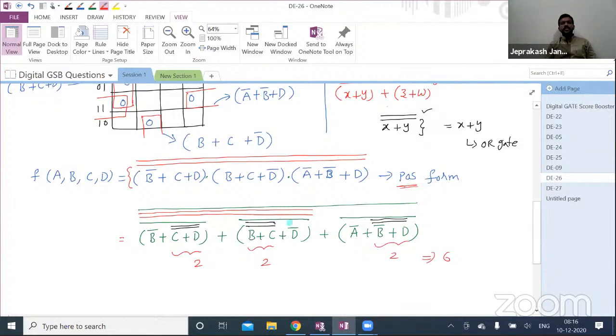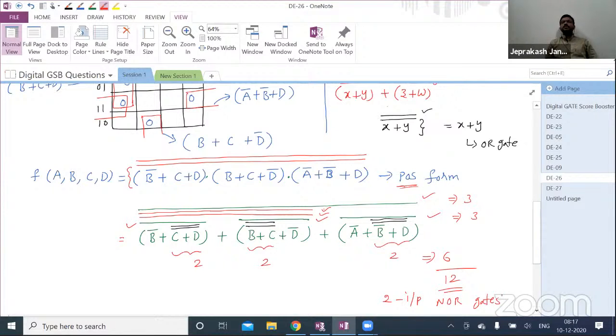After that, from the next terms you require 3. Next, this one is 1, and here 2 times complement, so from here also 3. That means the total number of NOR gates required is 12. We require 12 2 input NOR gates.